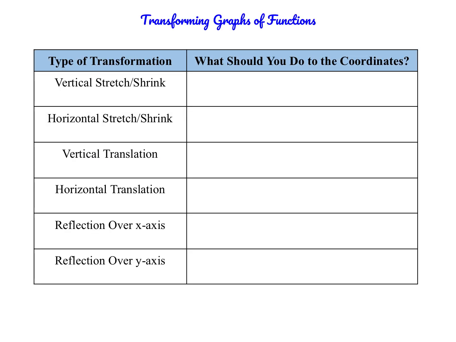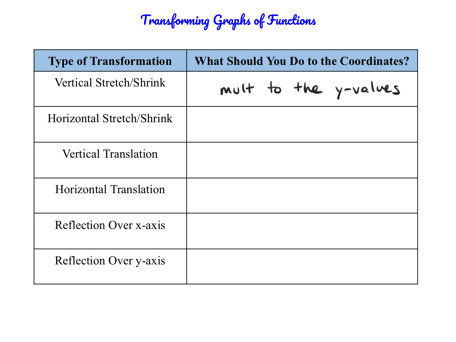All right, so now we're going to practice transforming graphs of functions. And we're going to still use our same transformation rules, but we're just going to apply those rules to our specific coordinates. So if you have a vertical stretch or shrink, what should you do to your coordinates? Well, we know that the operation is multiply, so we're going to multiply to the y values.